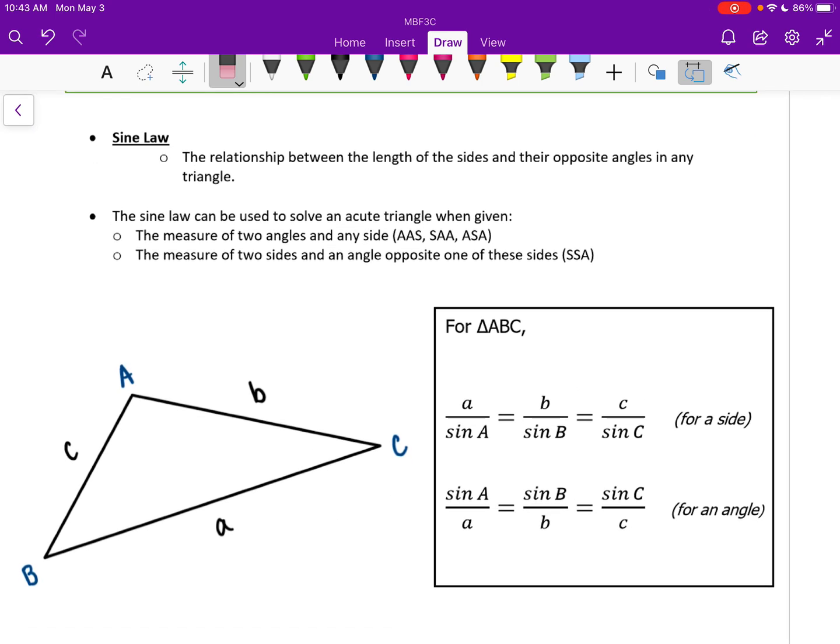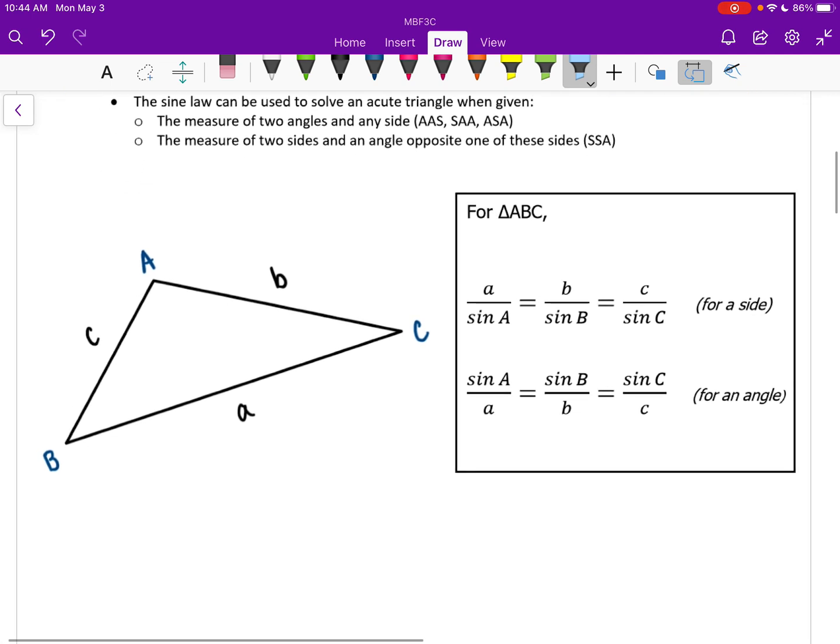So the sine law is the relationship between the length of the sides and their opposite angles, right? If I have angle A, the opposite side will be side A, and so on and so forth.